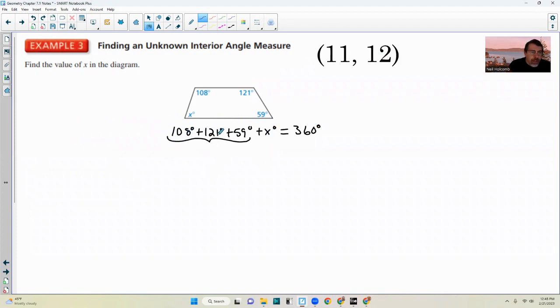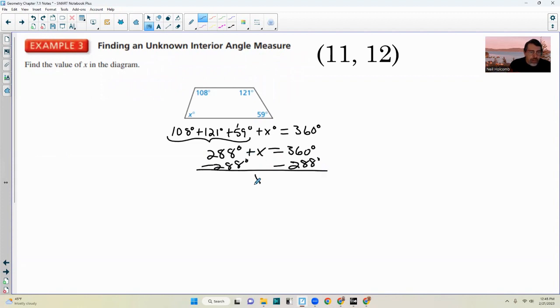Substitute in: 8 and 1 is 9 and 9 is 18. Carry a 1, 5, 6, 7, 8 plus 0 is 8. And a 1 and a 2, and it's 288 degrees plus x equals 360 degrees. Subtract 288 from both sides.